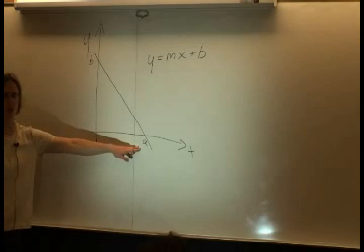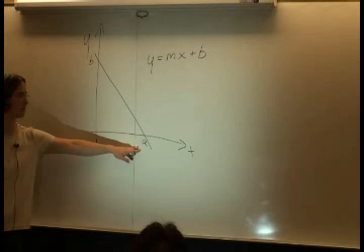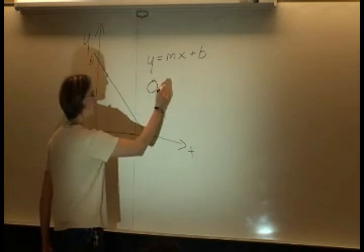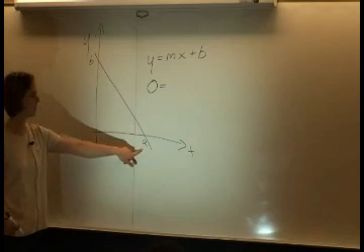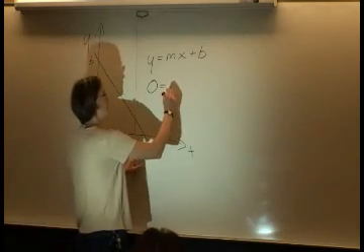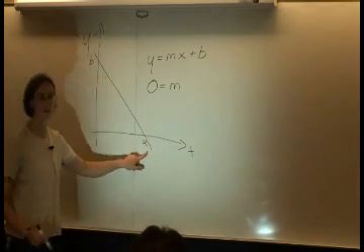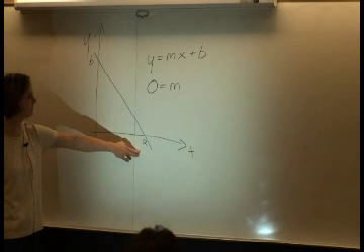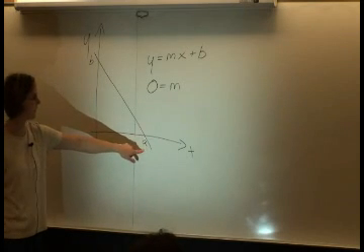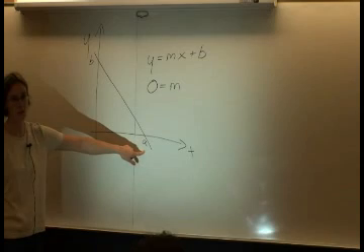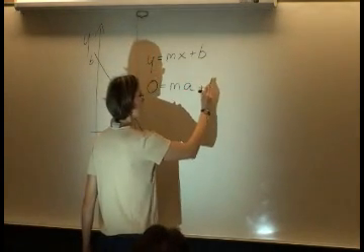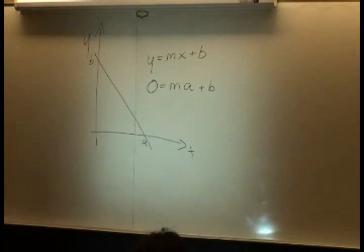My other equation is for what? For y equals 0, right? So when y is equal to 0, we get the slope m times x, which is what? Right?